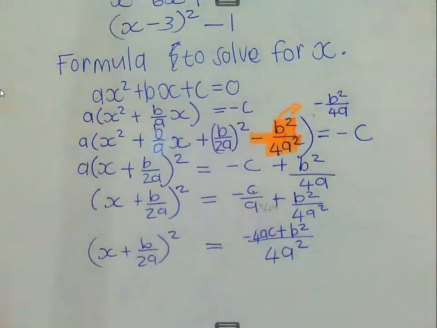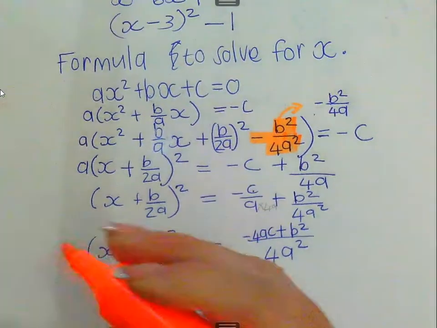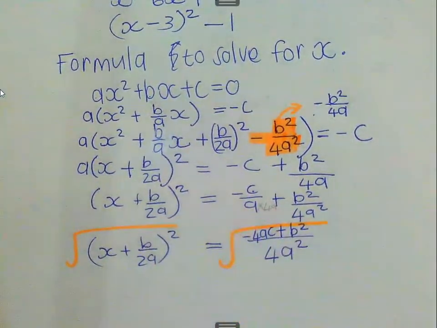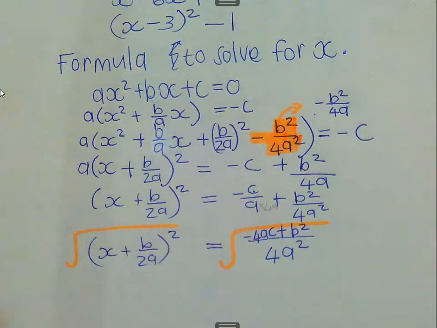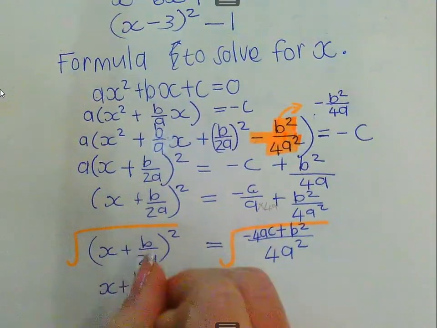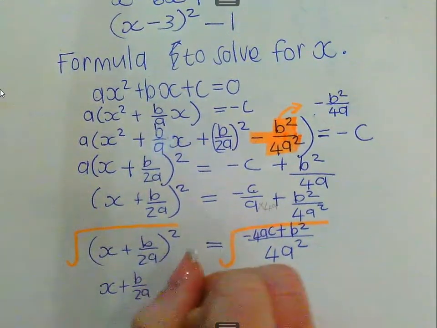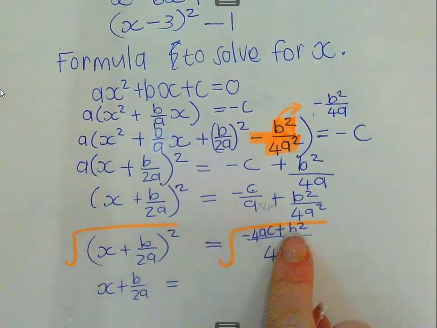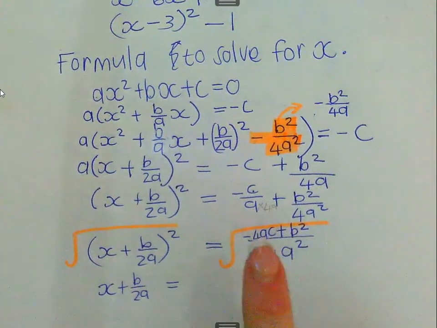Square root. Square. Now I'm going to square root both sides. So on this side, I'm left with x plus b over 2a. And on this side, do you agree with me? I can't take that square root at the top because it's two terms.